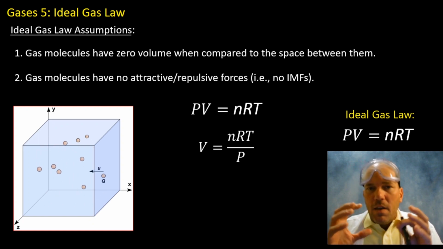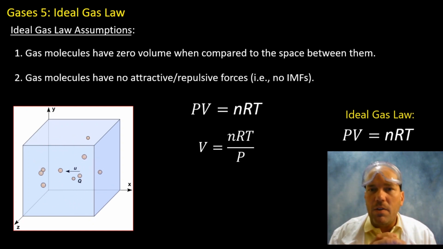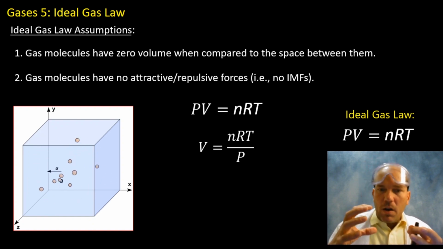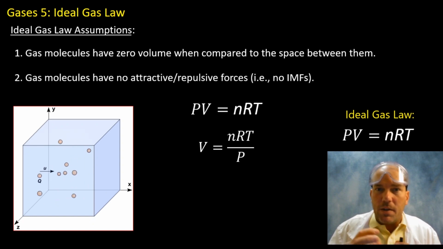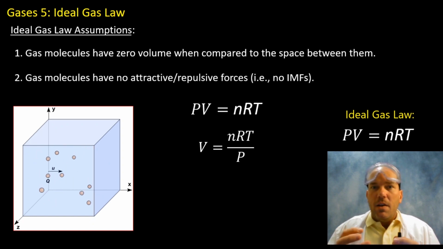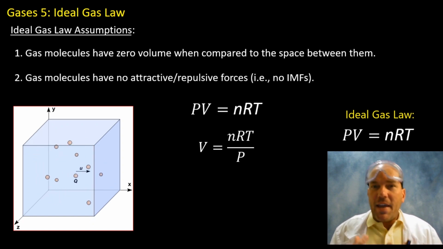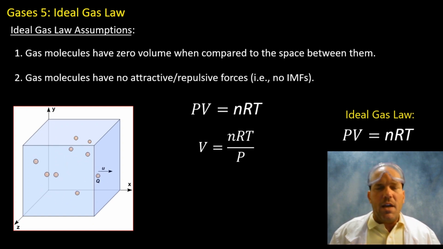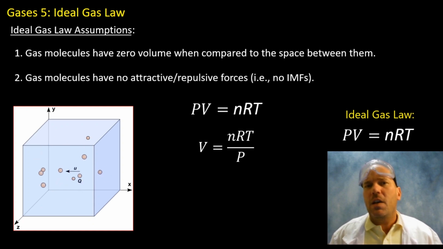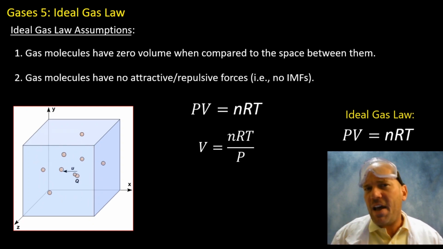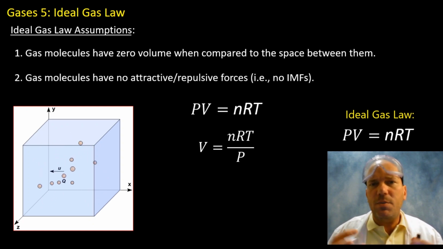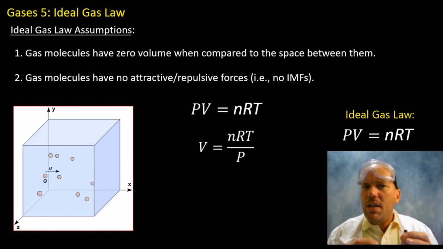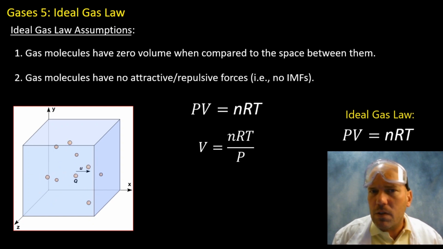If volume goes down, then these moles of gaseous particles are going to be closer to one another. So the volume that they occupy is no longer negligible. The intermolecular forces among them are more pronounced because they're in such close proximity. That would be at extremely low temperatures.